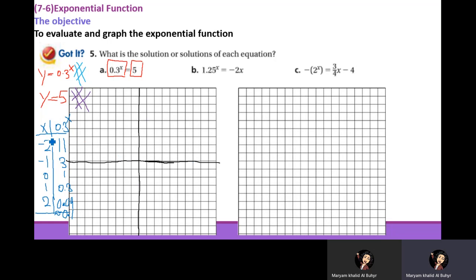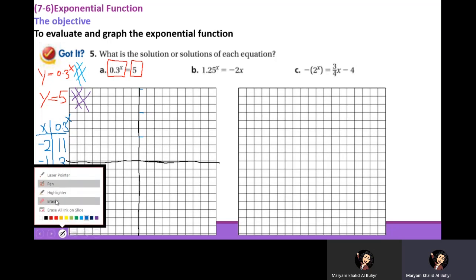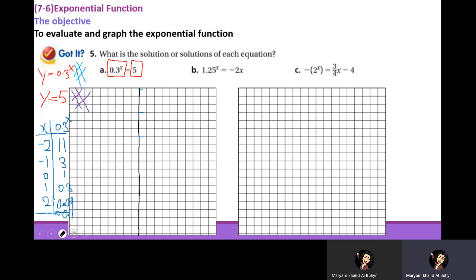Let me sketch these points. Now I will choose each square as one. So I hope I can find, so that is a 3. That is 9 and 9. I need also more space. So I'm going to let my line go a little bit down. Hopefully it's enough to make it here.